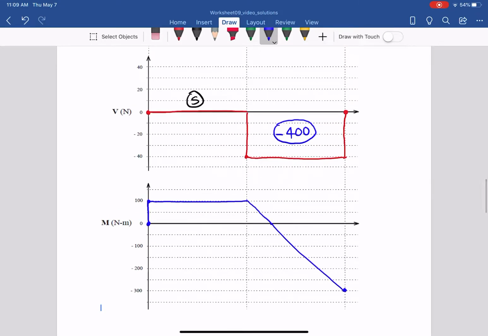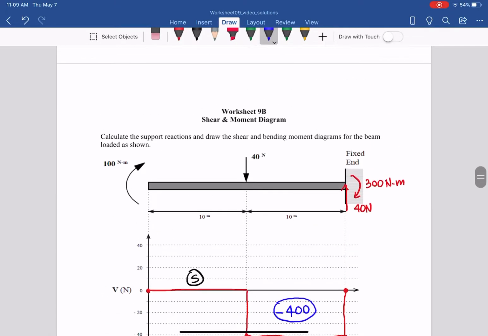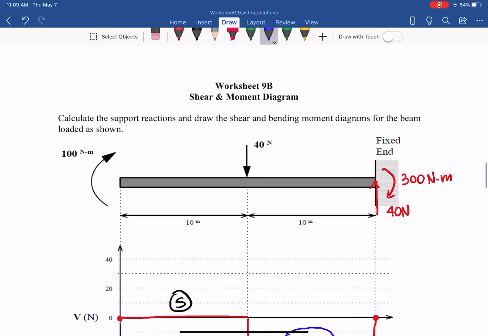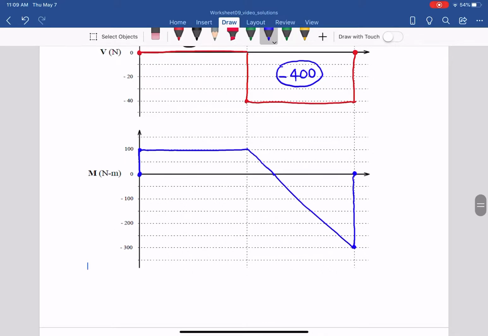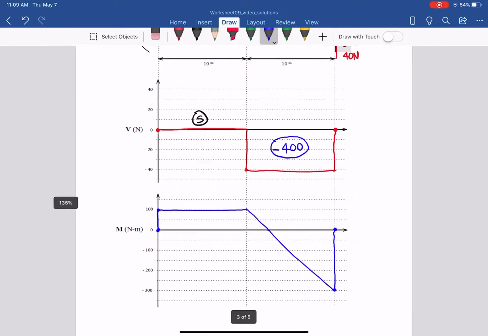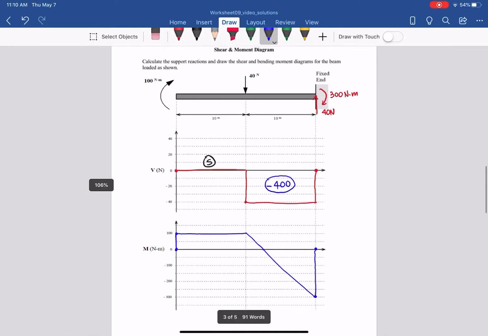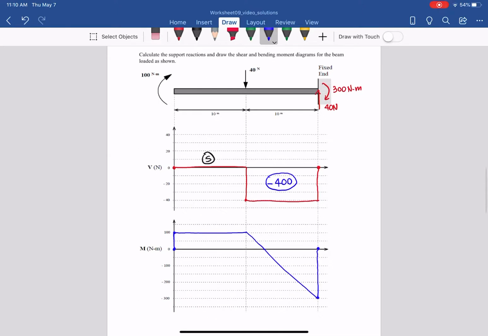So it moves up 300 Newton meter from negative 300, due to the couple reaction of 300 Newton meter at the fixed end, and from that it will be 0. So you see, if we do it correctly, it has to start at 0 and finish at 0 for both the shear and moment diagrams. And now we can go ahead and put the straight line there.